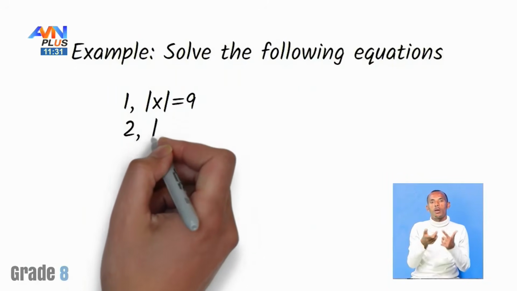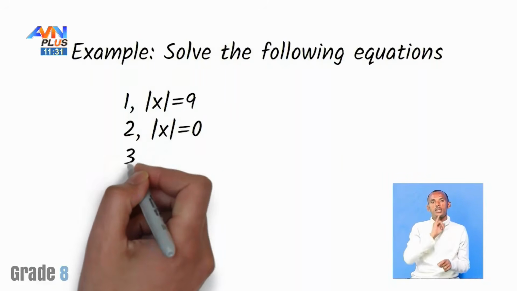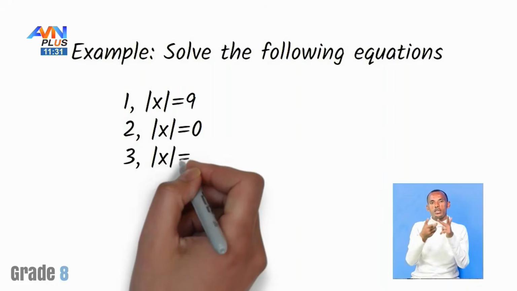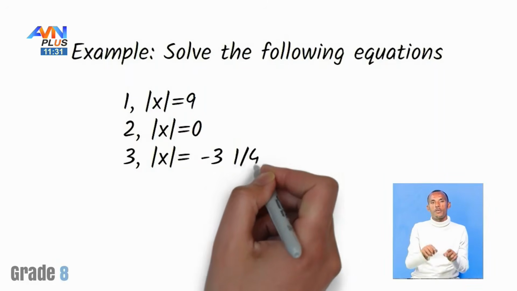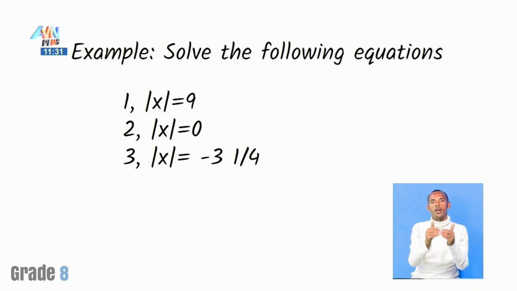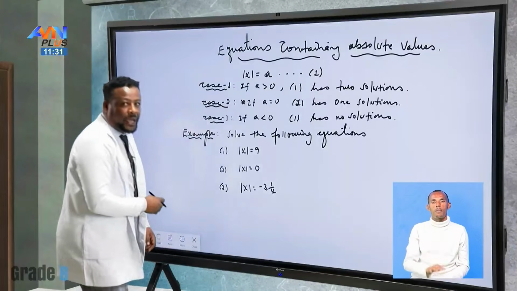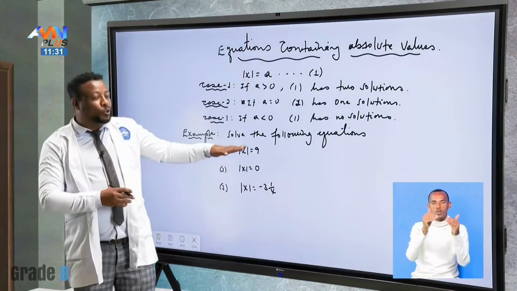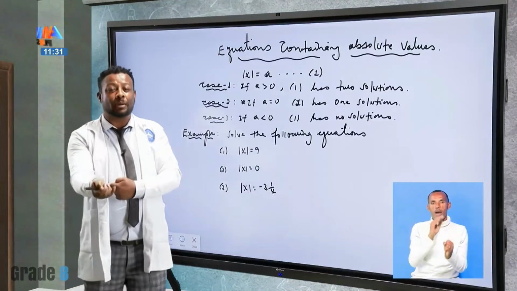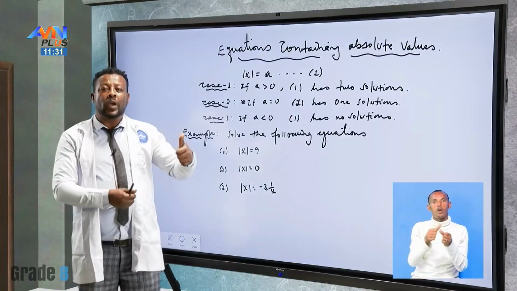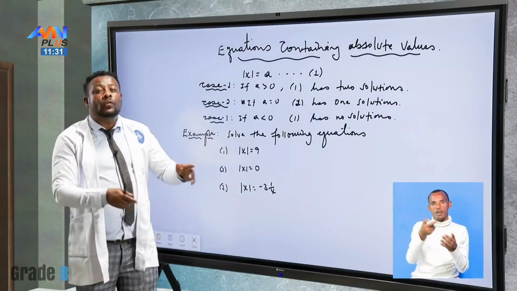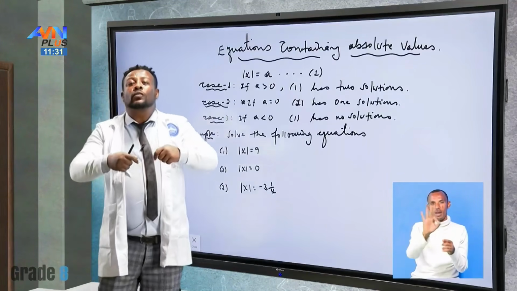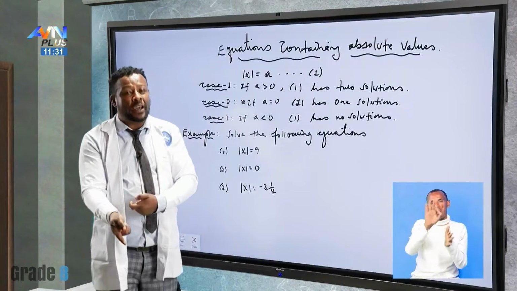The second one, the absolute value of x is equal to 0. And the third one, the absolute value of x is equal to minus 3 and 1 over 4. Now, the absolute value of x is equal to 9 whenever x becomes something. Remember what we have said before. The absolute value of 9 is 9. The absolute value of minus 9 is also 9.